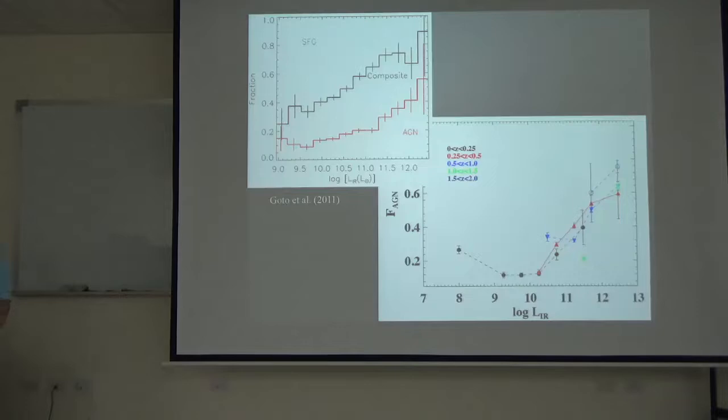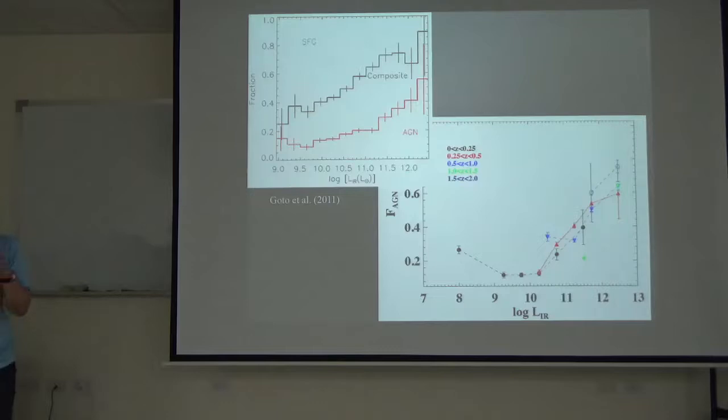And also, I think Nagisa-san's talk this morning, she also found the same thing. So what does that mean? One possibility is that if you consider the galaxy formation history, when a merger happens, it will trigger star formation.